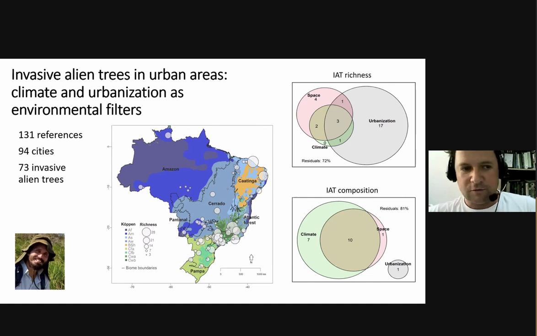That came out to be 94 different cities out of the 5,500 cities we have in the country. And this generated data for about 73 invasive alien trees. Here in the center, you have the map where you see the Brazilian cities we found data for, and the size of the circle represents the number of invasive alien trees found in each city.